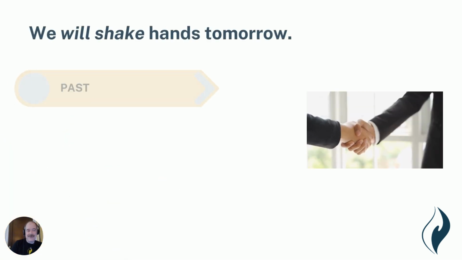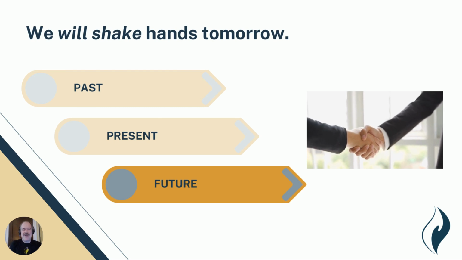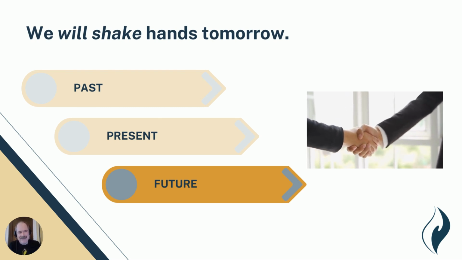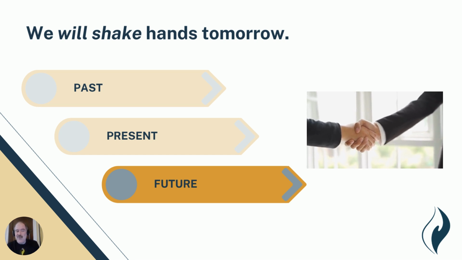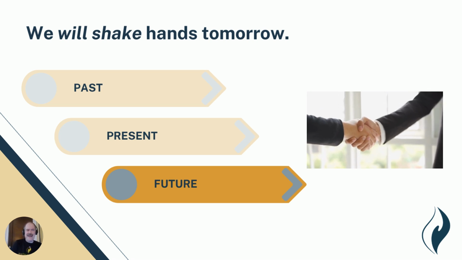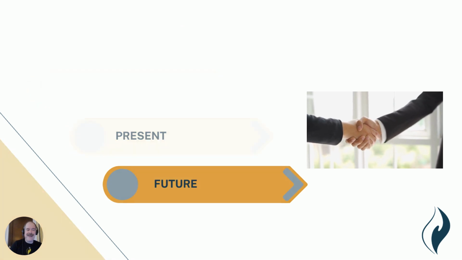And future tense: we will shake hands tomorrow. Now, each of these three tenses has greater nuance that we can express, and we talk about that in our video on verb aspects, so you can check that out.